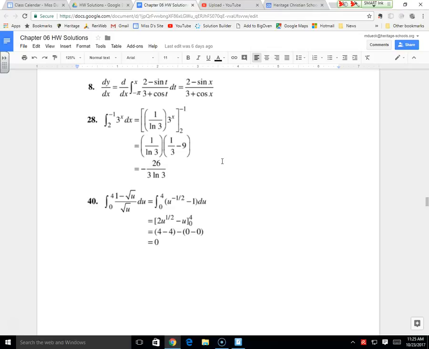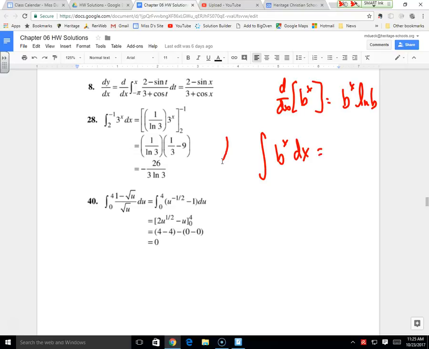You're going backwards from b to the u, but remember the derivative of b to the x is b to the x times ln of b. So if we're going backwards, we can't go straight backwards until we have the ln of b in order to be able to go fully back.